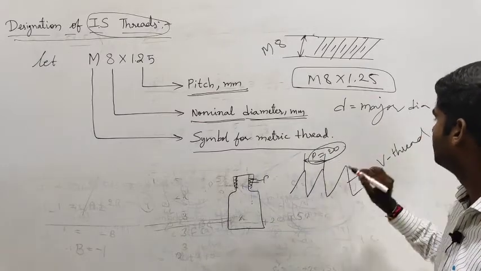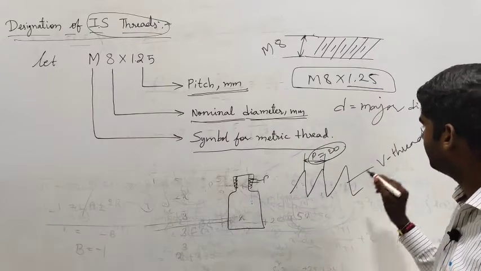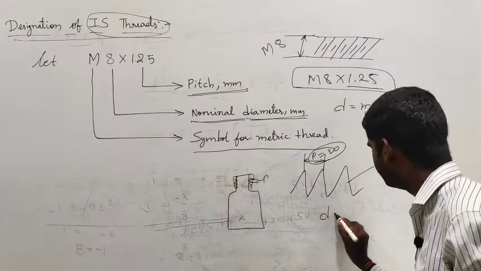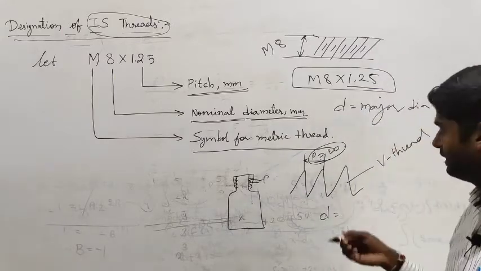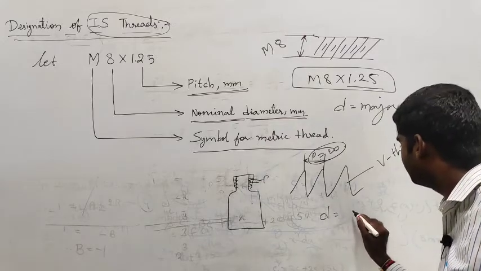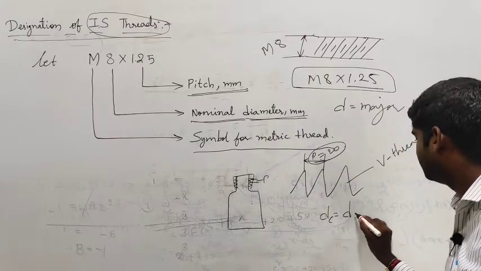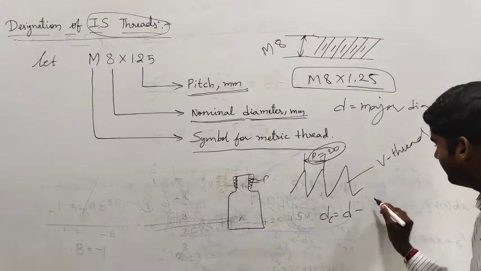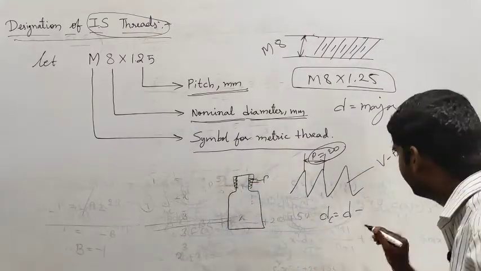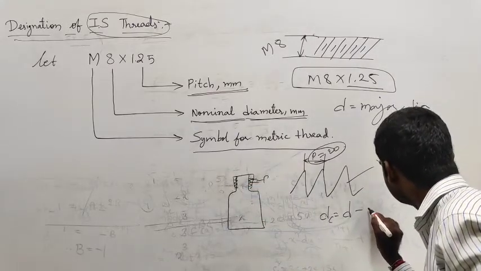Depending upon the pitch length, we calculate the diameter. For the V thread, as already discussed, DC is equal to D minus P.